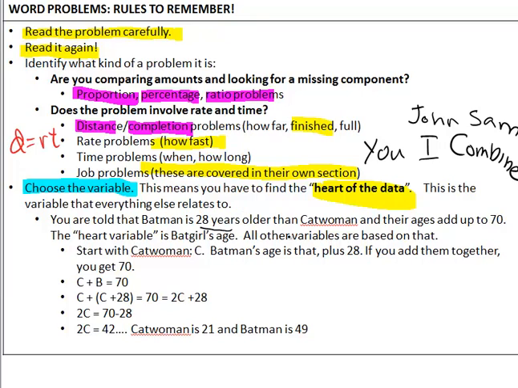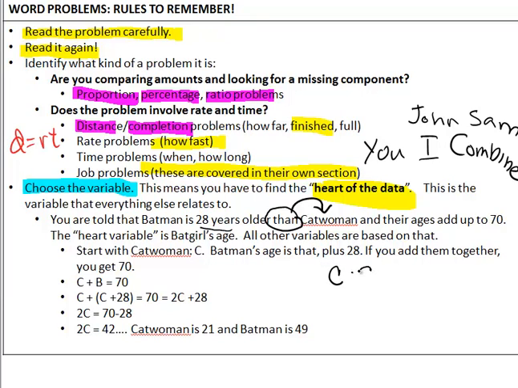And usually, a lot of times, of course not always, but the word than often tells me what the heart variable is. Catwoman is the heart variable because we start with her age, C, and then we add 28 to it to get Batman's age.